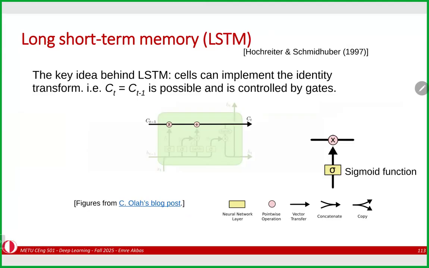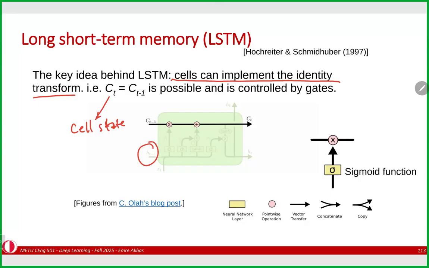The key idea behind LSTM is that cells can implement the identity transform. This is the key idea in ResNets too. So they define something called cell state C. We already have hidden state H. Why define another cell state C? I don't know, but there is cell state and hidden state, and both of them exist in LSTM.